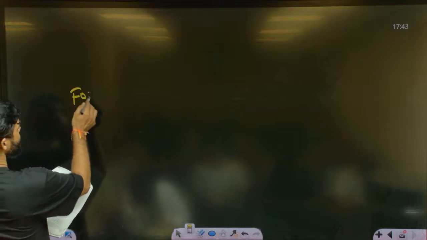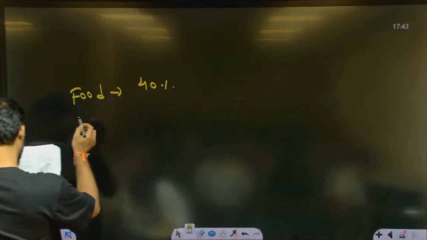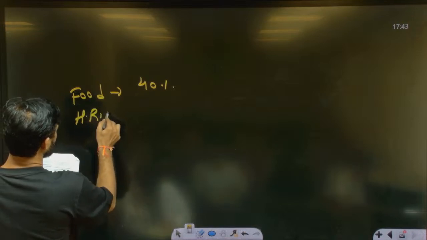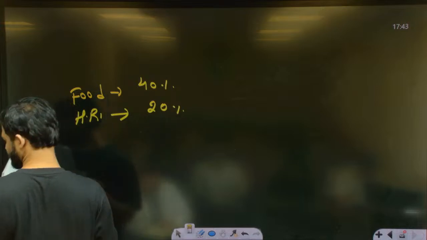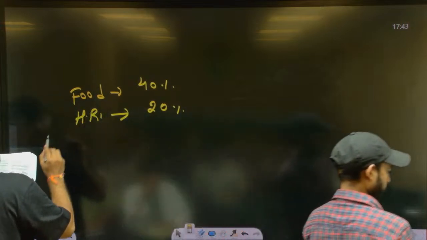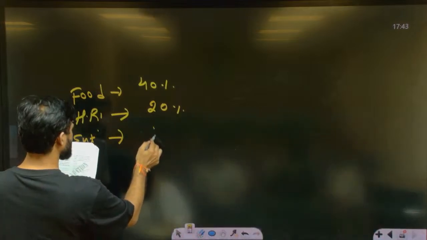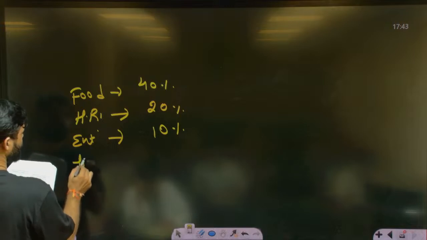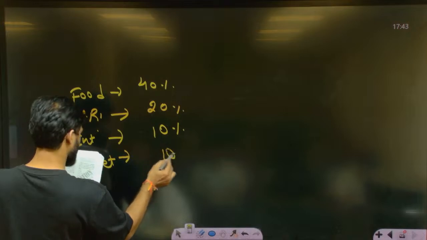Spendings are like on food she is spending 40%, and house rent, HRA, is 20%. On entertainment she is spending 10%, and on tickets she is spending 10%.